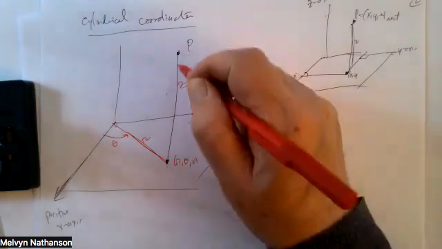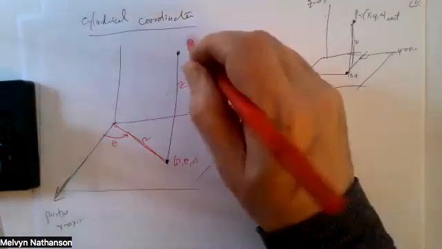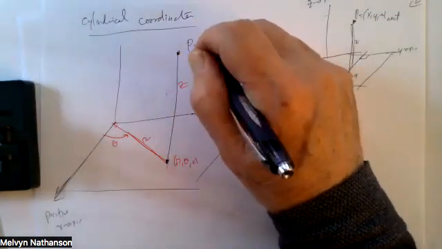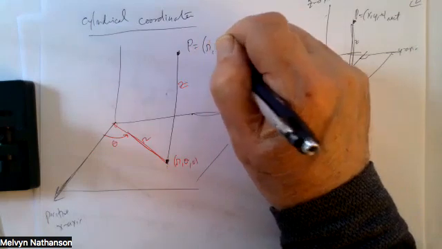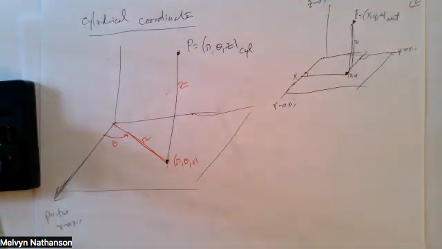And then this point is a certain distance z above or below this plane. And we say that the cylindrical coordinates of this point P are r, theta, and z. Those are cylindrical coordinates.